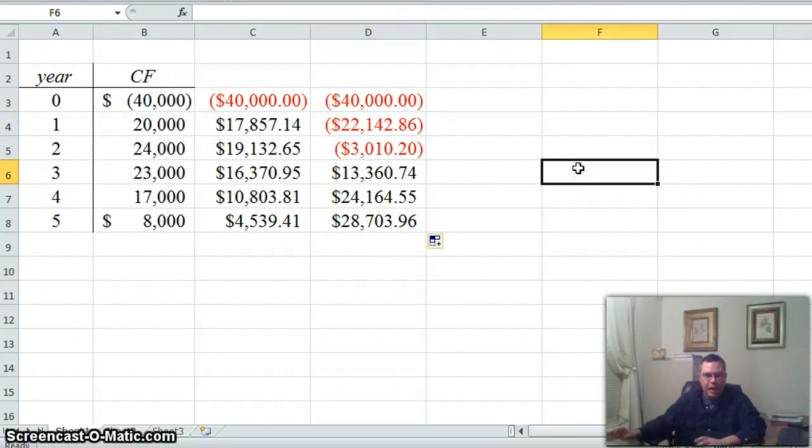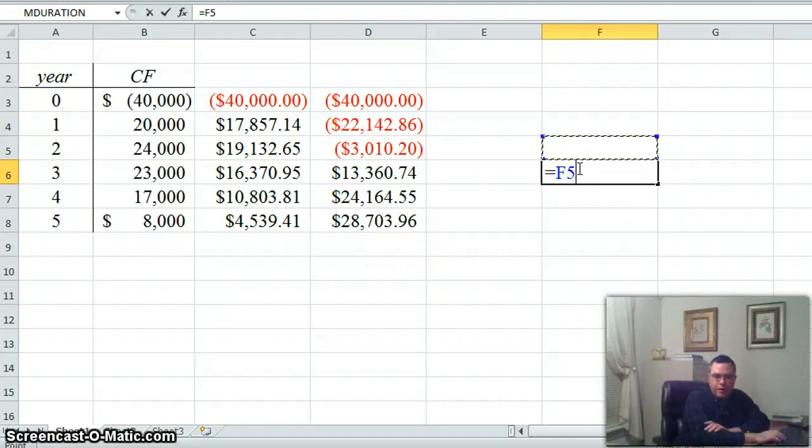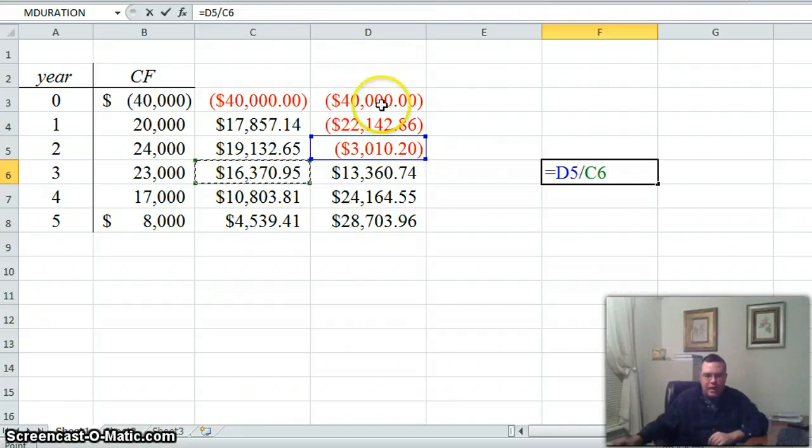So over here, we're going to calculate the fraction. And again, it equals the amount you needed to make back. It's how short you were. Well, we were $3,010 short in year 2. And we divide that by how much we made in year 3. And this is going to have a negative on it again, so we're going to put the negative sign on the front to make it a positive number.